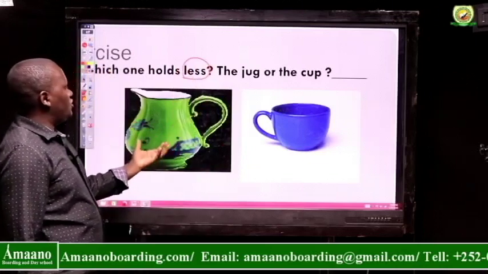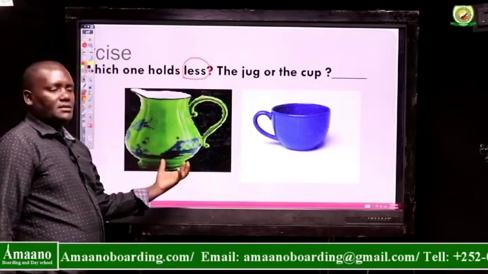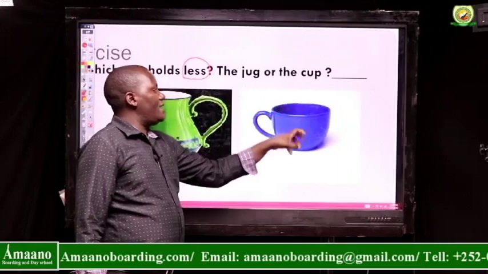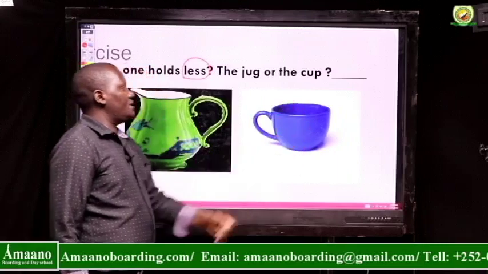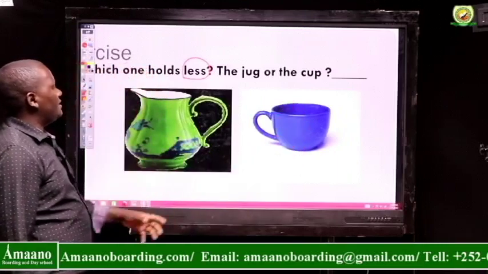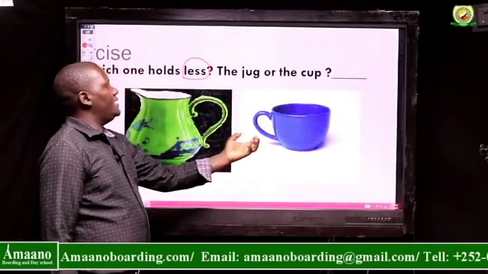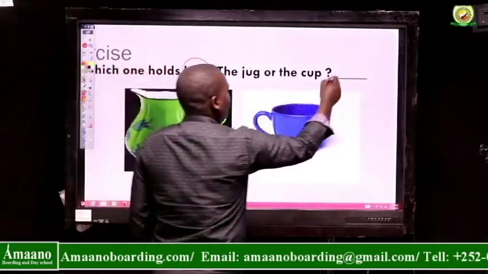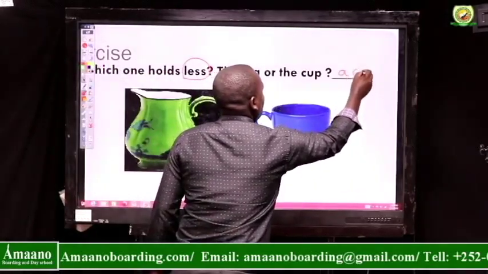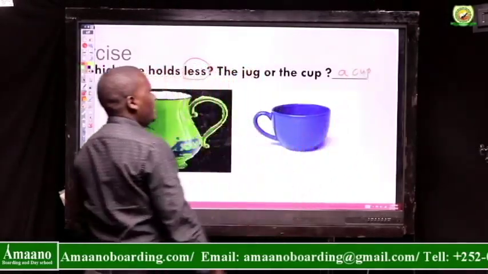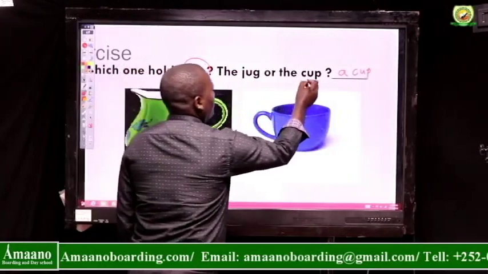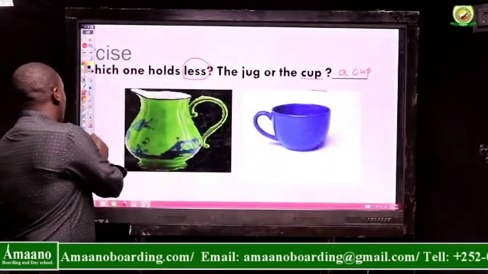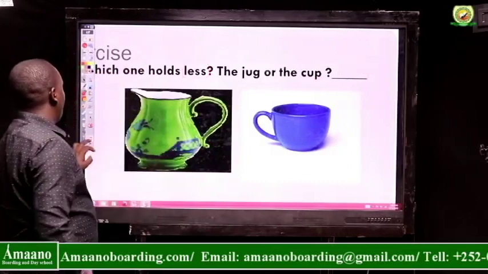This means that this jug can be measured in liters. And this cup, the quantity it can carry, is measured in milliliters. Then it means that a cup holds less than a jug. So our right answer here should be a cup. A cup will hold less water. So we can circle or write the answer on that side. Let's check the next example.